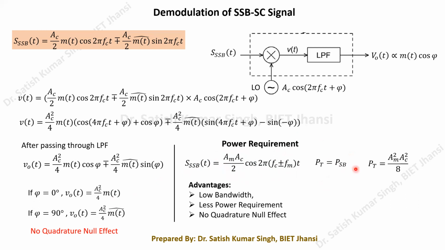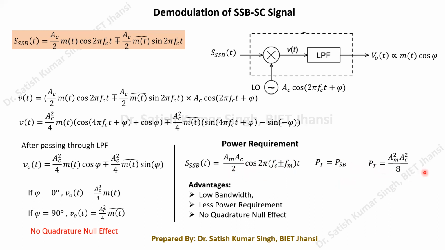So again its modulation efficiency will be 100%, as in our DSBSC case, because modulation efficiency we have defined as PSB upon PT. Here PSB is equivalent to either PUSB, the upper sideband, or PLSB, the lower sideband. So the total power we can write as Am square Ac square by 8.